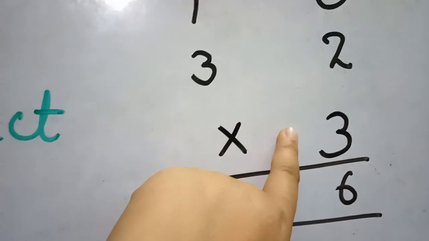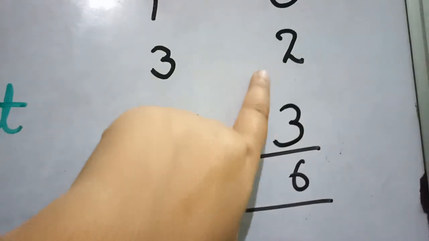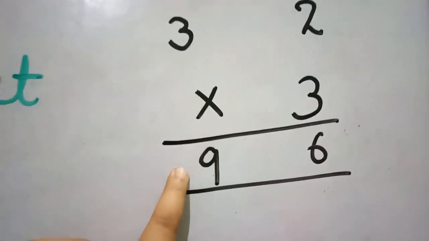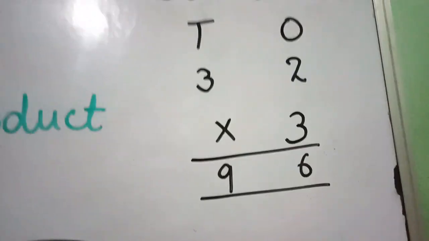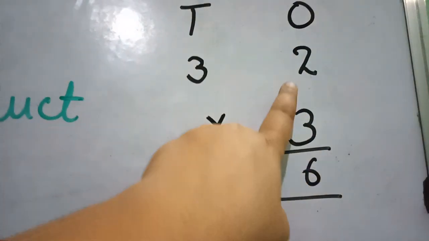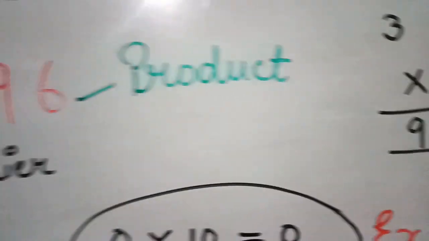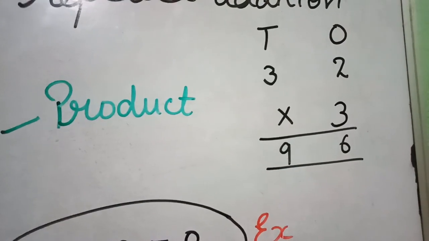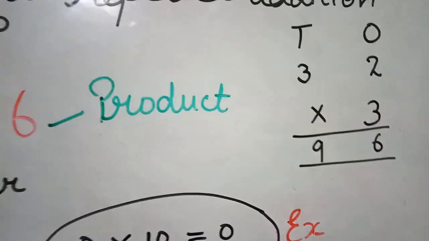Remember, you must learn tables. 3 2s are 6, 3 3s are 9. So the answer is 96. I'm going to repeat it again: 3 2s are 6 and 3 3s are 9. So the product of 32 into 3 is 96.